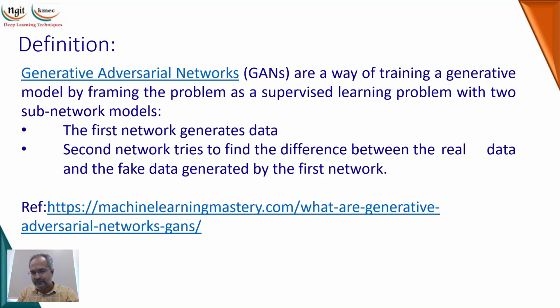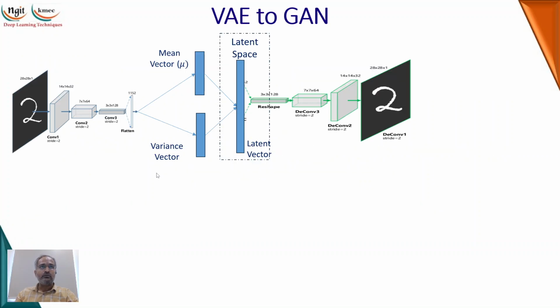We can say that it is semi-supervised. So it includes both. Here there are two networks. One network is to generate the images. Another network is to differentiate that image from the other images. So these are the two networks we are using. Now this is the model for the generative adversarial network.